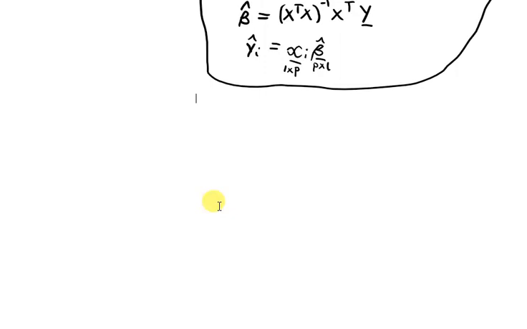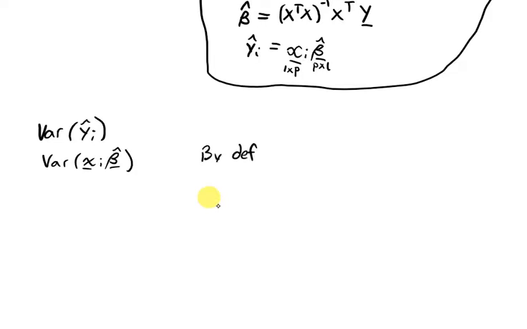So the variance of y_i hat is our desired value. The variance of y_i hat is defined as the variance of x_i times beta hat. This is by definition of y_i hat. We then can substitute the beta hat values in terms of x's and y's.